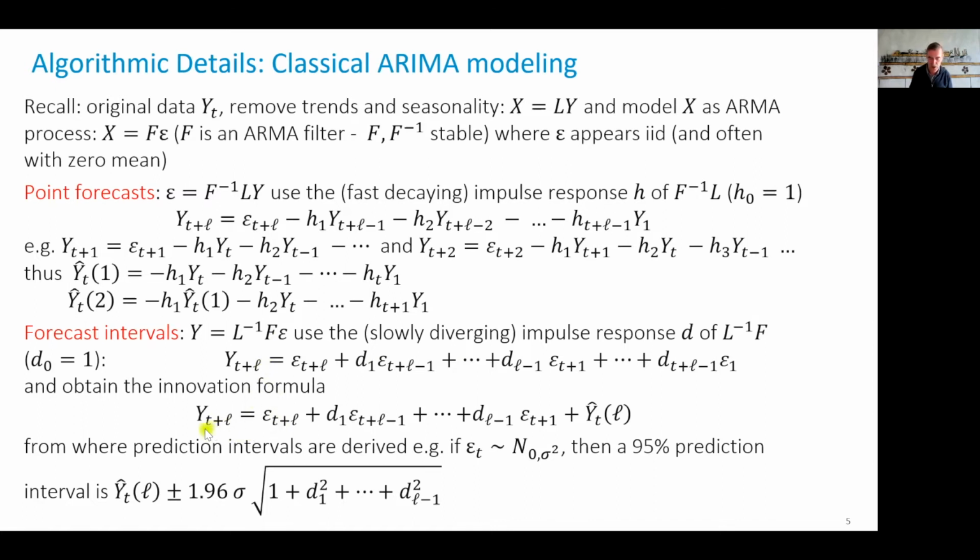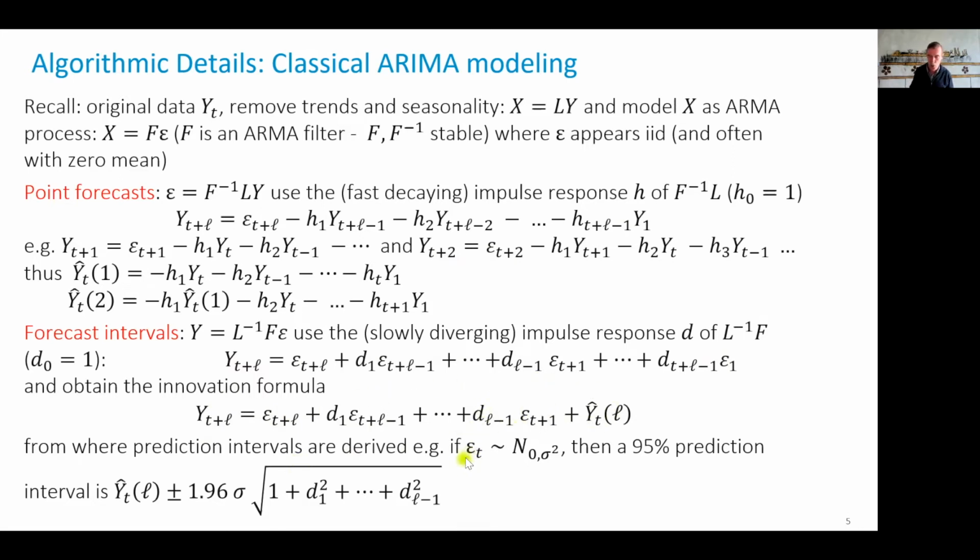They tell us that the true random future value of yt plus L is equal to the sum of those epsilon terms that are in the future, plus something that I know already. And the thing that I know already is exactly what I have computed with the point prediction before. And that's the key formula that is used to obtain prediction intervals.